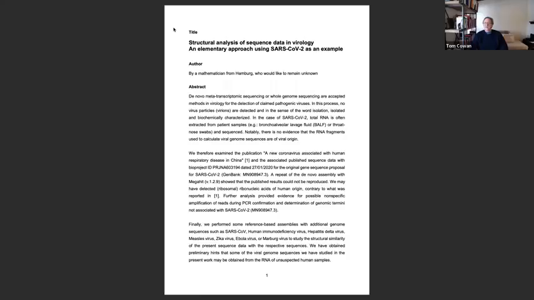In the case of SARS-CoV-2, total RNA is often extracted from patient samples, for example, bronchoalveolar fluid, or throat-nose swabs, and sequenced. Notably, there is no evidence that the RNA fragments used to calculate viral genomes are of viral origin.